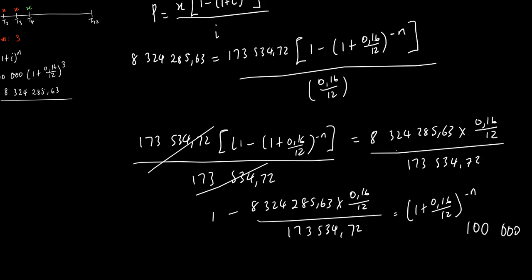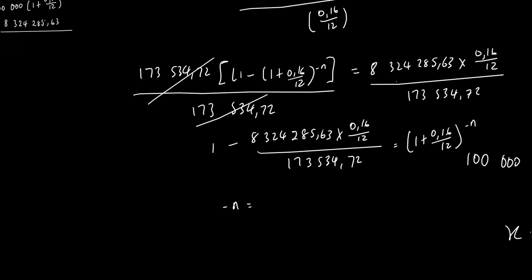Good. Now to get n, you're going to use logs. So you're simply going to say negative n is log with base 1 plus 0.16 over 12 of what you put in here. But you must get the answer, I'm just writing it there.